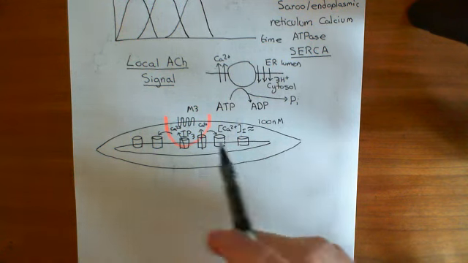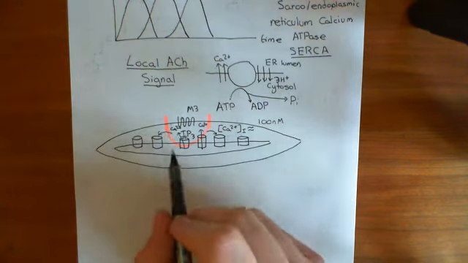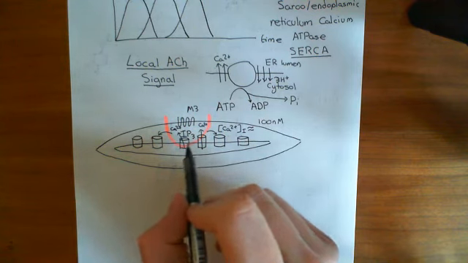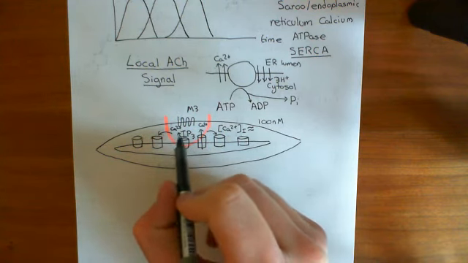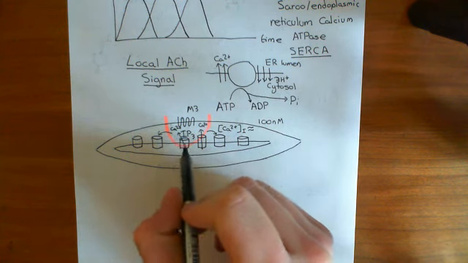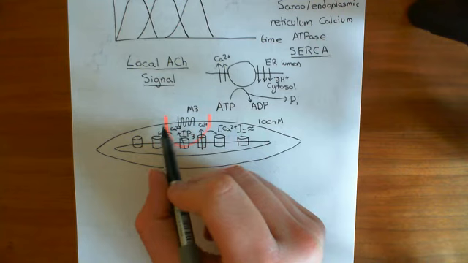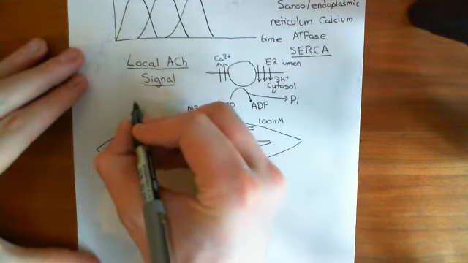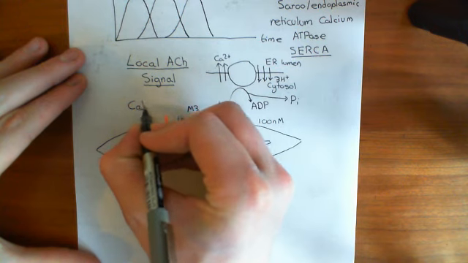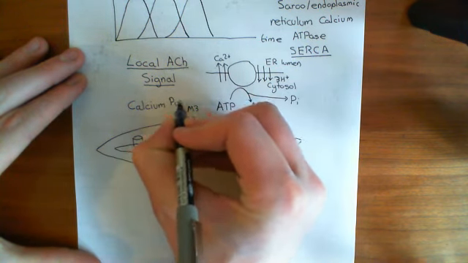So you're not going to get the propagating effect that we saw in the case of a calcium wave. Okay? Instead, what you get is a local rise in calcium as all the IP3 receptors in this local region, this pink region here, all open and release calcium from the sarcoplasmic reticulum. So you're going to get a local rise in calcium, basically. And that sort of a calcium signal is known as a calcium puff. Okay? So calcium puff.